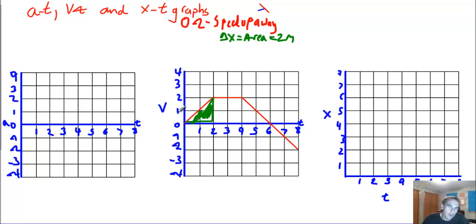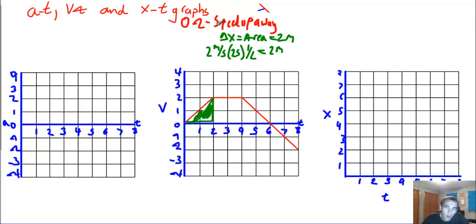Now why is it meters? Well, we're taking a velocity as our height, which is 2 meters per second, times a time, 2 seconds as a base, times 1/2, and so that's where the 2 meters comes from.